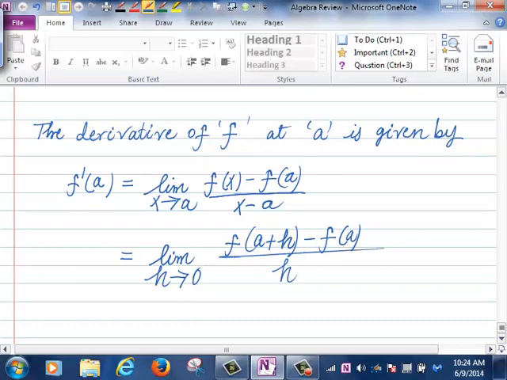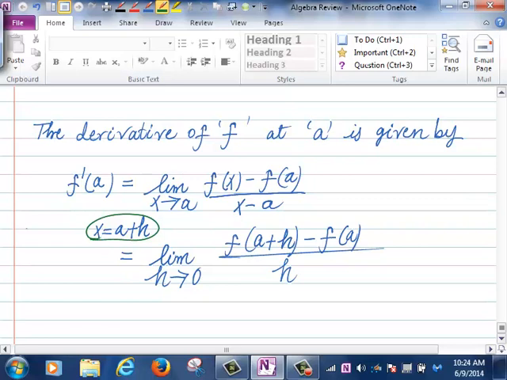These two limits are equivalent, they are equal. All you have to do to see that they are the same is replace x by a plus h. If you make this substitution in the first limit, you obtain the second limit, because if you replace x by a plus h, then x minus a is exactly h.